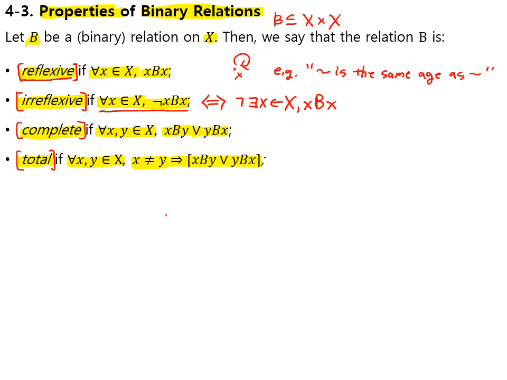The difference is that completeness applies to every pair of X and Y, whereas totality applies only when X and Y are different.